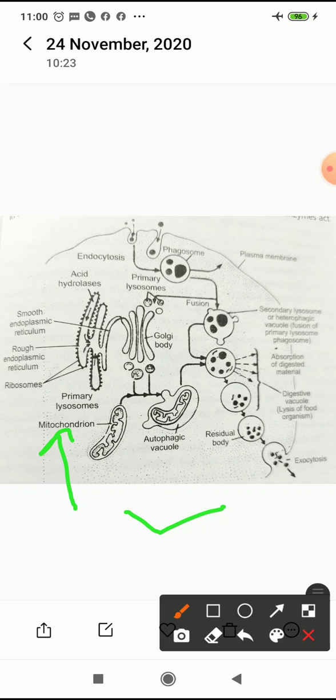Some lipases are also there, like esterases, phospholipases, glycosidases like beta-galactosidase, alpha-galactosidase, alpha-glucosidase, beta-glucuronidase, lysozyme, etc. Lysosomes degrade every biological macromolecule.